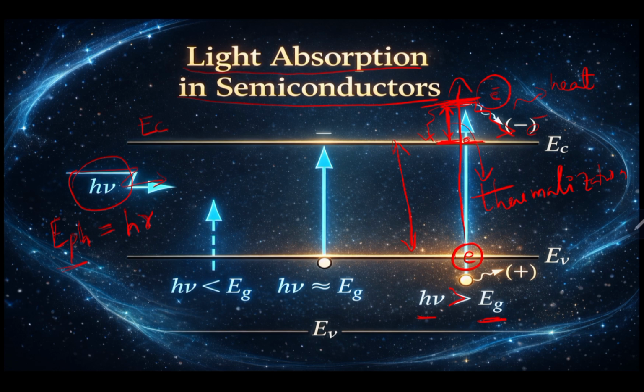During this transition it emits energy in the form of heat, and that heat is transferred to the semiconductor. So these are the three important phenomena that take place when light interacts with a semiconductor. Whether the light will be absorbed or transmitted depends upon the energy of the incident photon and the band gap of the semiconductor.